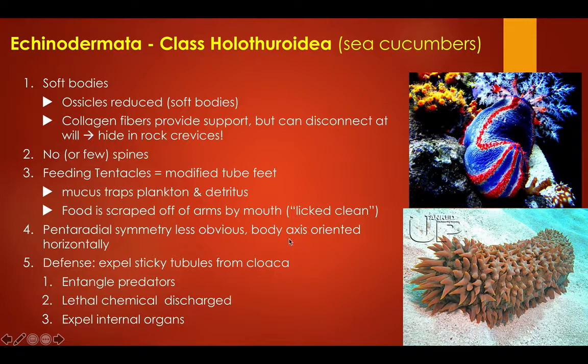They do still have a mouth, so it is still complete digestion, but the cloaca is acting as a multi-purpose orifice. So it's actually their digestive tract that they can expel out of their cloaca to entangle predators. Sometimes those sticky tubules will have chemicals on them that can be lethal to potential predators.